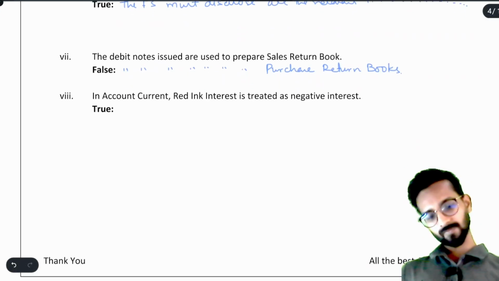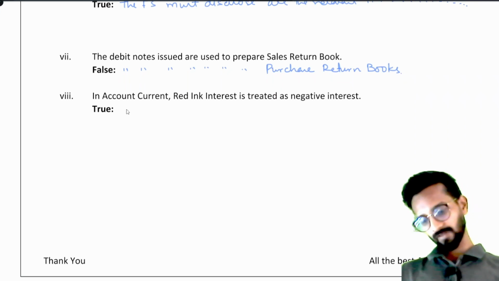Now, after that, in account current, reading interest is treated as negative interest. Obviously, it is negative interest only. You will write the answer true.